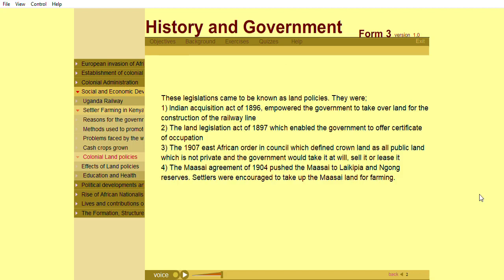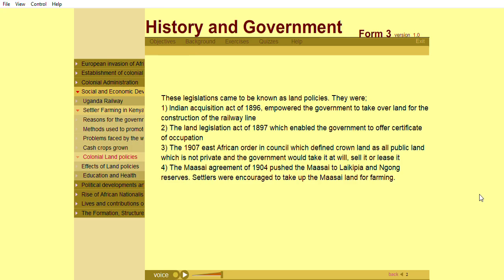These legislations came to be known as land policies. They were the Indian Acquisition Act of 1896, which empowered the government to take over land for the construction of the railway line. The Land Legislation Act of 1897, which enabled the government to offer certificate of occupation.